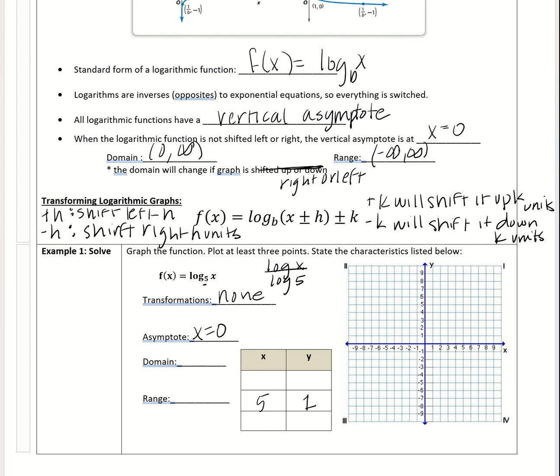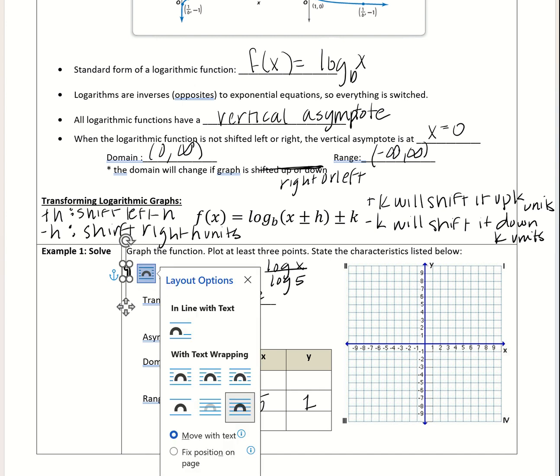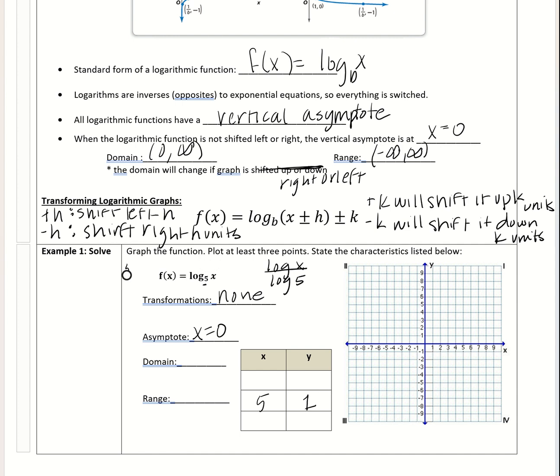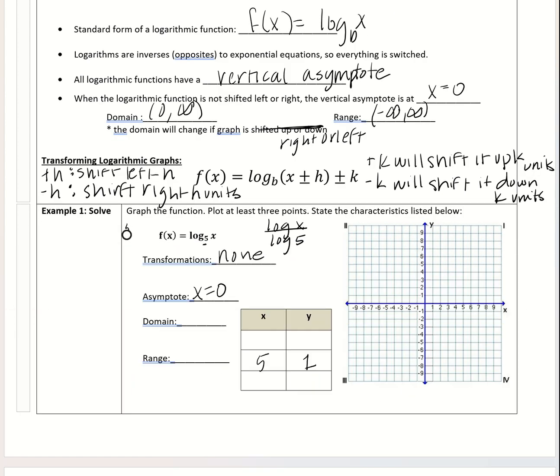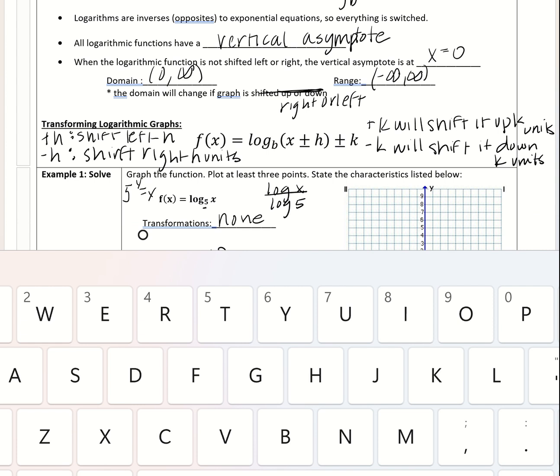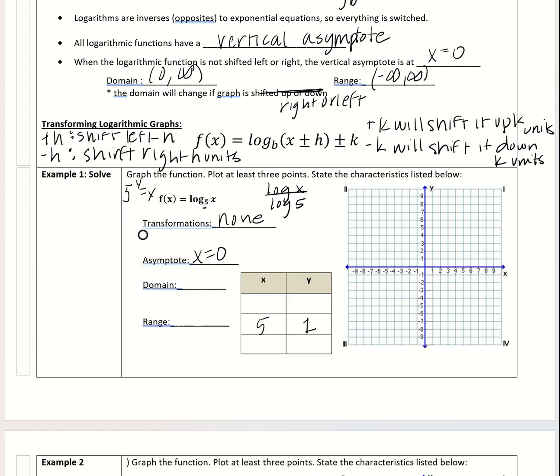And that is because the exponential equation is 5 to the y power equals x. So 5 to the 1 power will give us 5. So you want to use 5 because the base is 5.